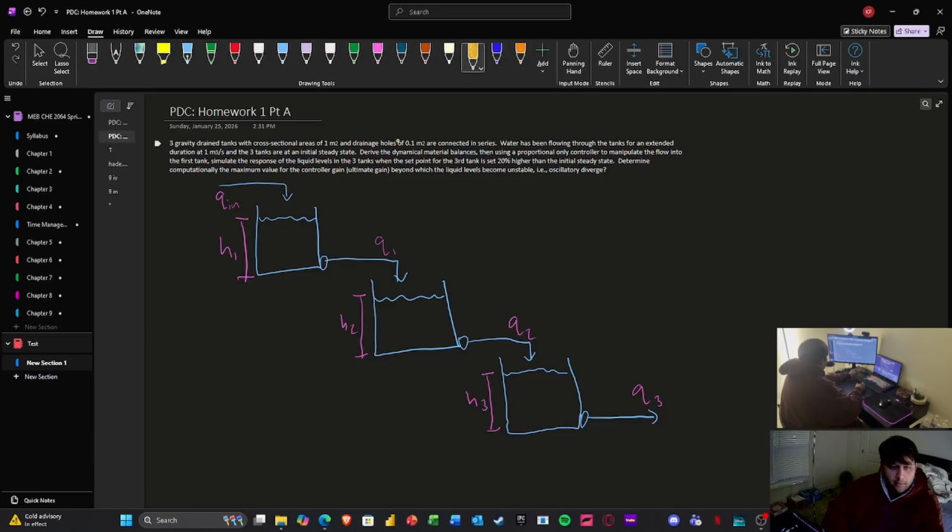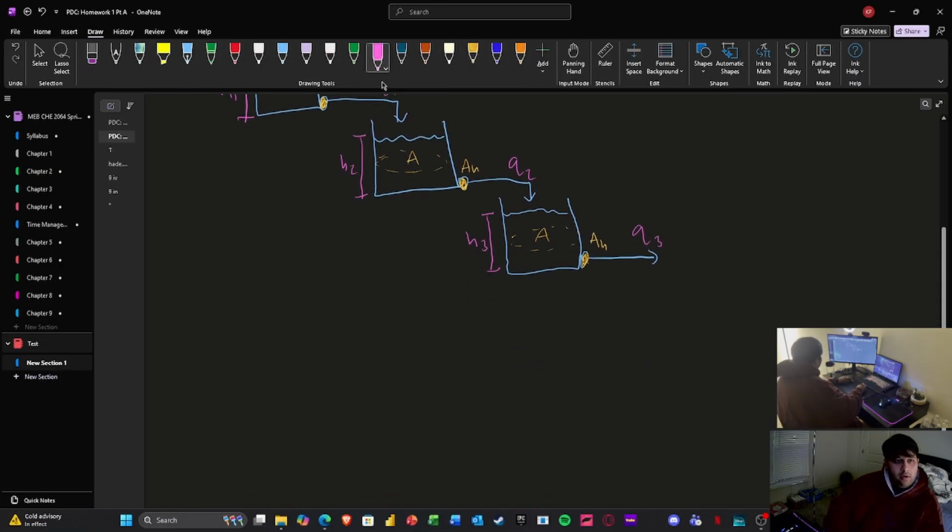Because we know that the tanks are of the same proportion, they're going to have the same cross-sectional area. So I'm going to label that as A, and then same area for the drainage hole for all three tanks. Again, doesn't look like it, but it is.